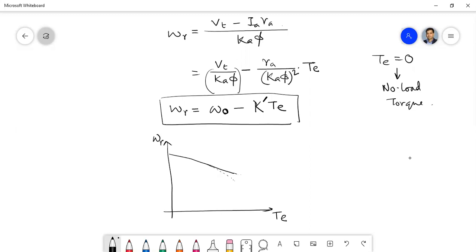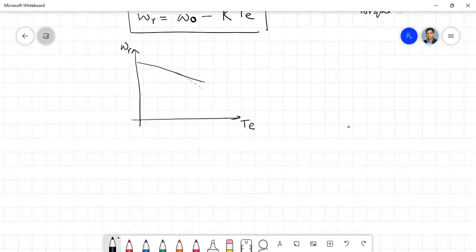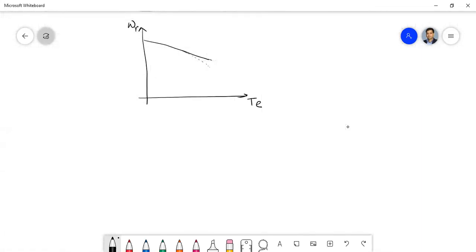Now we have another very popular motor, as I have already mentioned, the DC series motor. We'll first develop some expressions, then we'll draw the characteristics curve for the DC series motor. The torque expression remains the same, T equals Ka phi into Ia, because that is the general expression of DC motor torque.